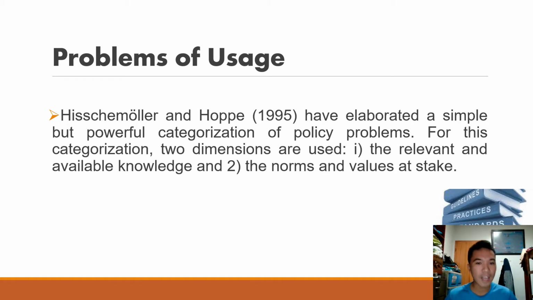Then the second category is the norms and values at stake. The first dimension refers to whether there is or not certainty in regards to the knowledge available about the problem. Then the second dimension refers to whether there is an agreement in relation to the values linked to the problem. So that is the two categories of the problems of usage.